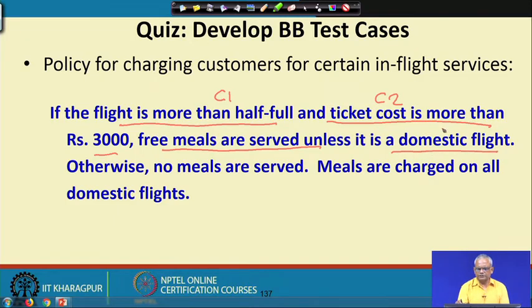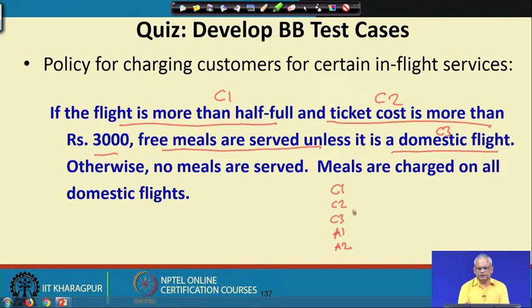So, this is the third condition here. The flight is more than half full, ticket cost is more than 3,000, and it is a domestic flight. We can identify that these are the conditions, and the actions are whether a meal is served and whether it is free. So, we can write here C1, C2, C3 and action 1, action 2.